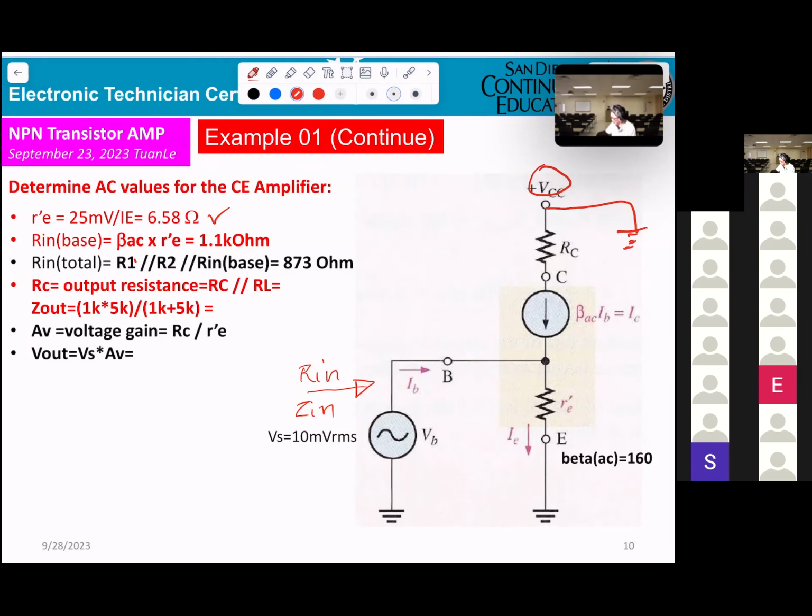That is R in base. That means from the base to ground, you get a resistor.